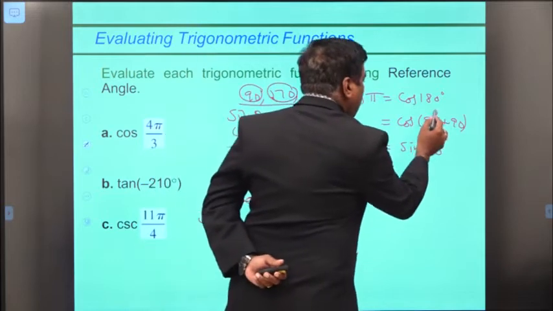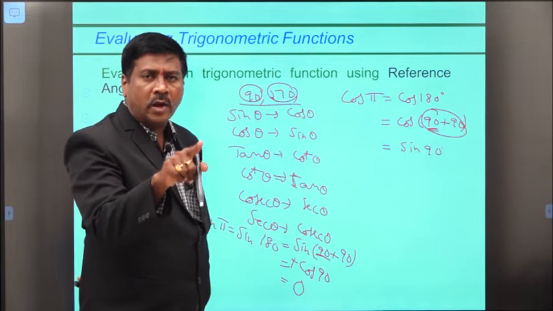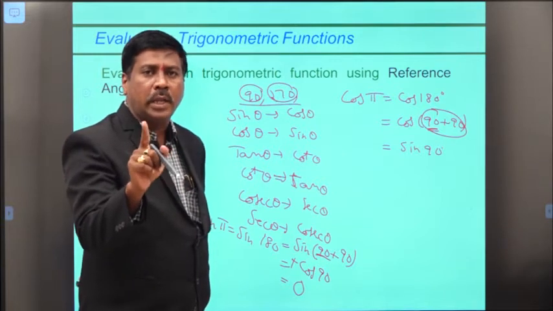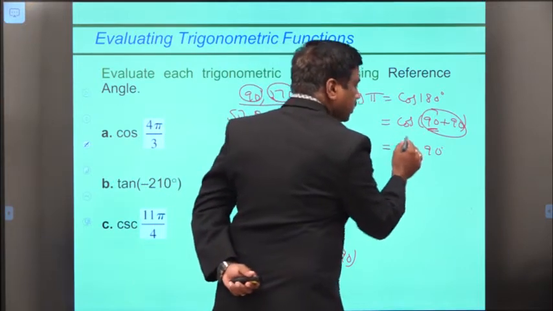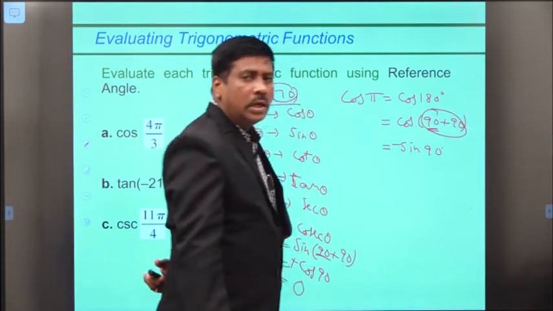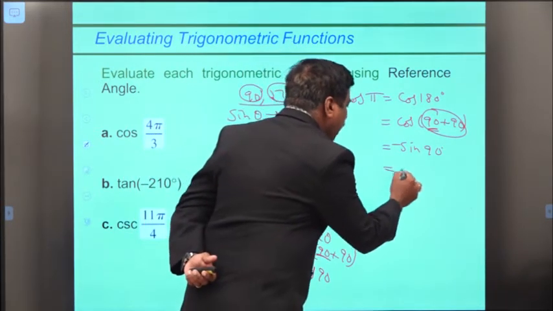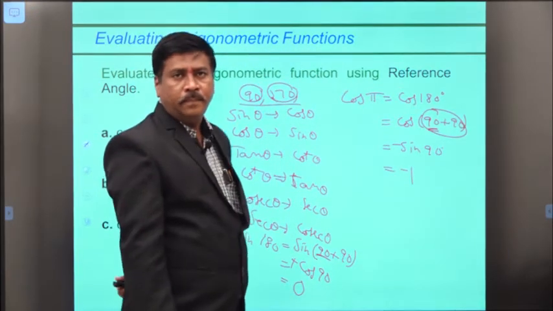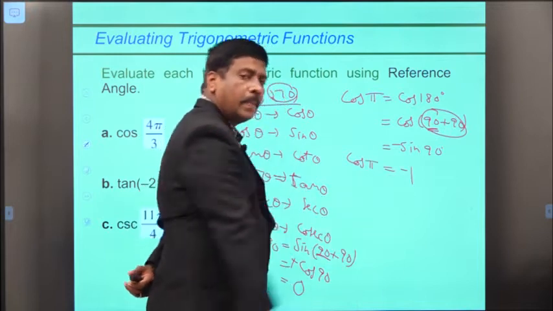But 90 plus theta is the second quadrant, and in that second quadrant, as explained previously with all silver teacups, sine is positive and cos is negative. So here it is minus of sin 90. Please keep this in your mind. Then sin 90 is 1, so cos pi is minus 1. Likewise you can find the cos pi values.